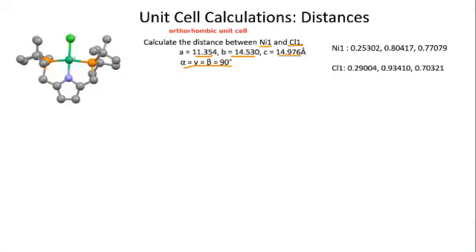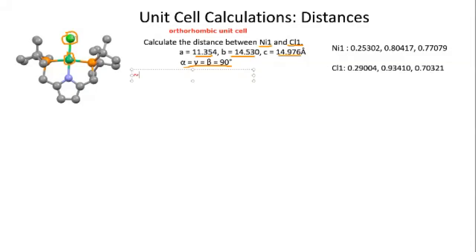So we want to calculate the distance between this nickel and this chlorine atom. Now, obviously, chlorine is a very large atom, and we have nickel, so we can assume that this is going to be a long distance. I don't know nickel-chlorine bond lengths, but in a very loose ballpark, I would say approximately 2 angstroms.